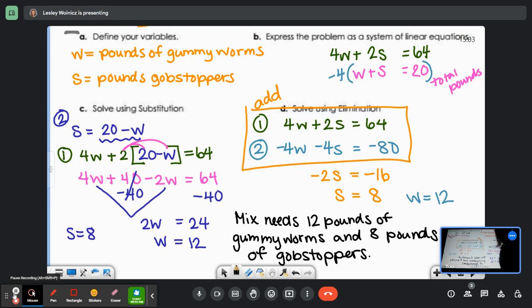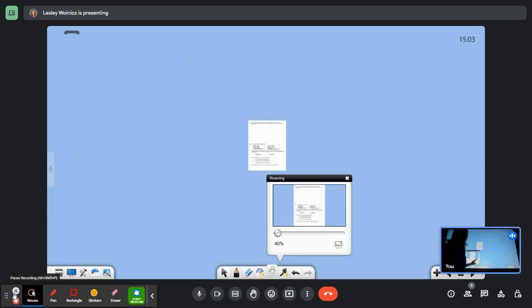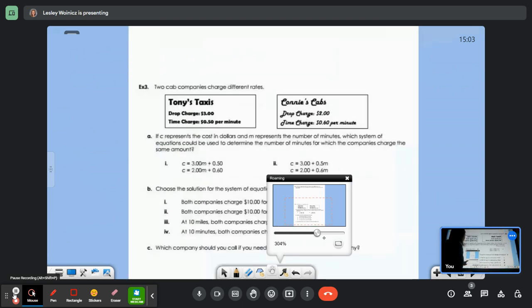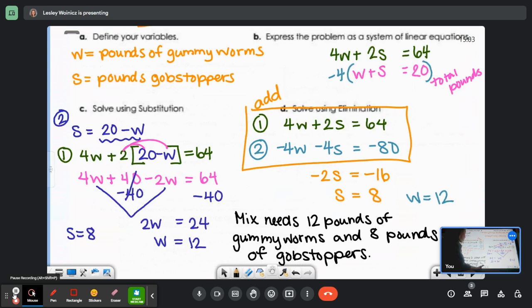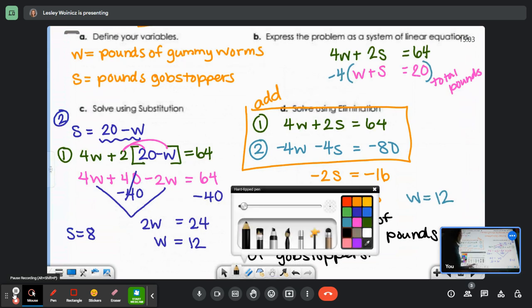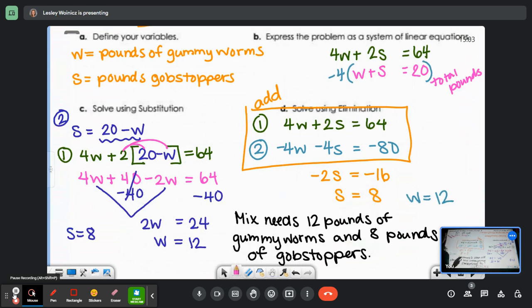All right, here we go. Here's another one. Oh, I need to say one thing about elimination before we move on. For elimination to work for us properly, do you see that our variables are in the same order? We have W's stacked over W's, S's stacked over S's, our equal signs line up, and our constants line up.